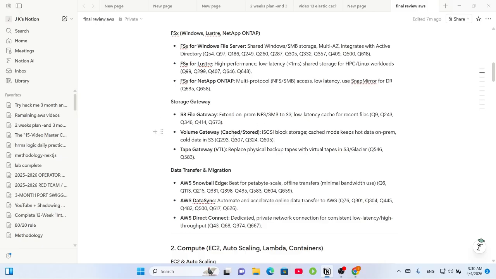Just know that Volume Gateway is block storage and File Gateway is file storage.